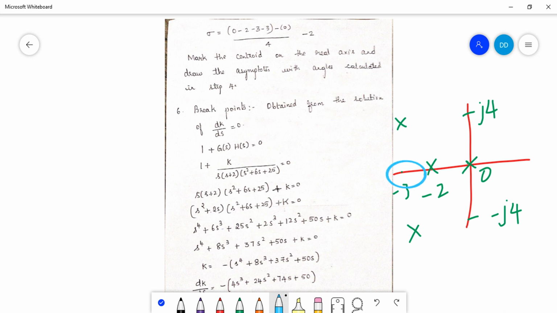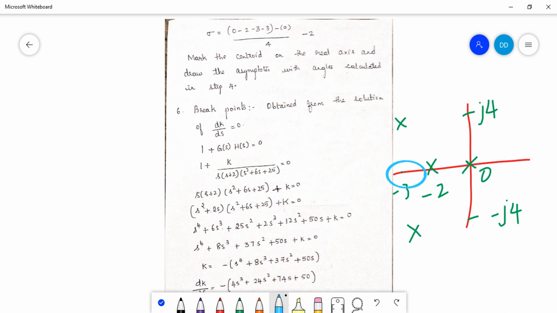We need not concentrate on this section because we have the complex conjugate pairs here, so it does not affect the existence of the root locus on the real axis. So now we are finding which part of the real axis is a part of the root locus. We only need to concentrate on the real axis.